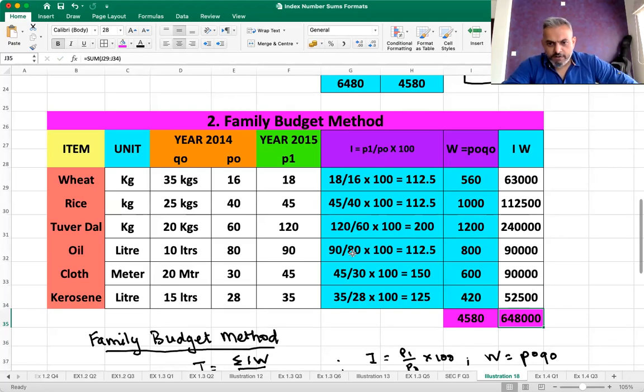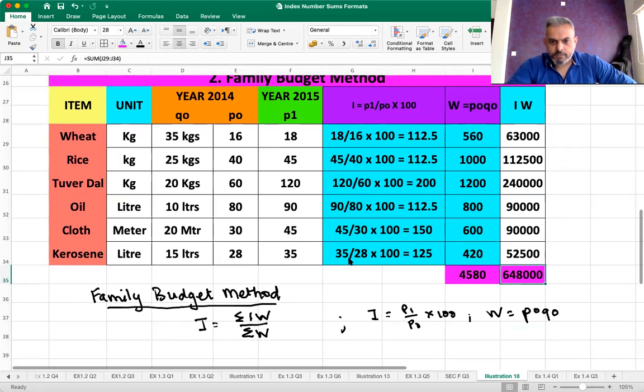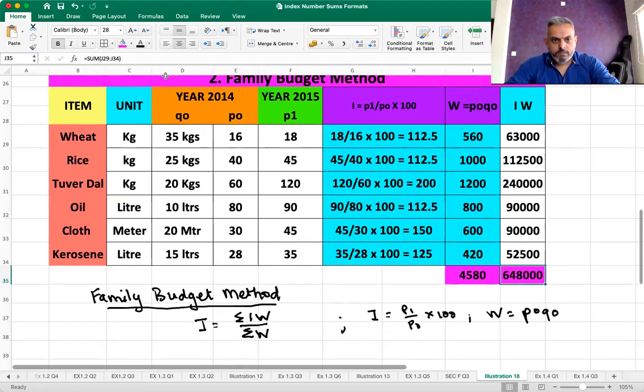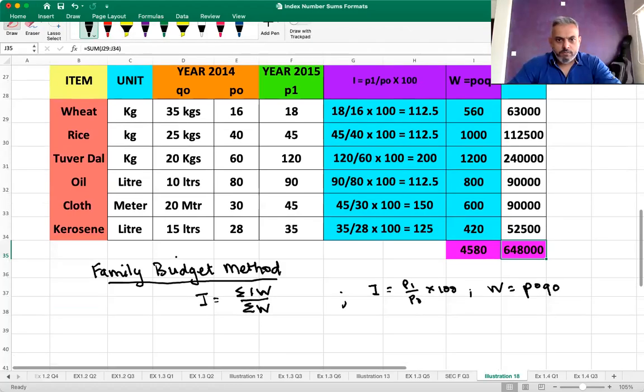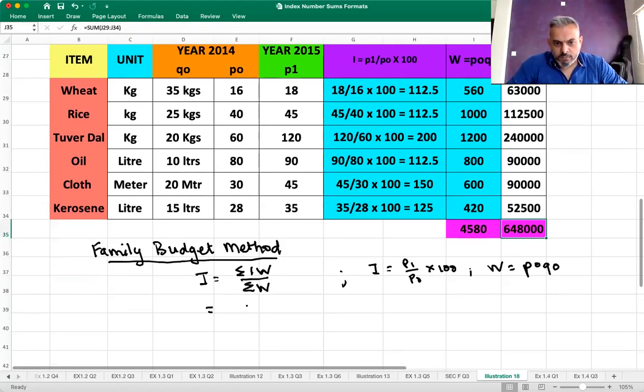Now let's put it in the formula, which is equal to 6,48,000 upon 4580, 141.48.